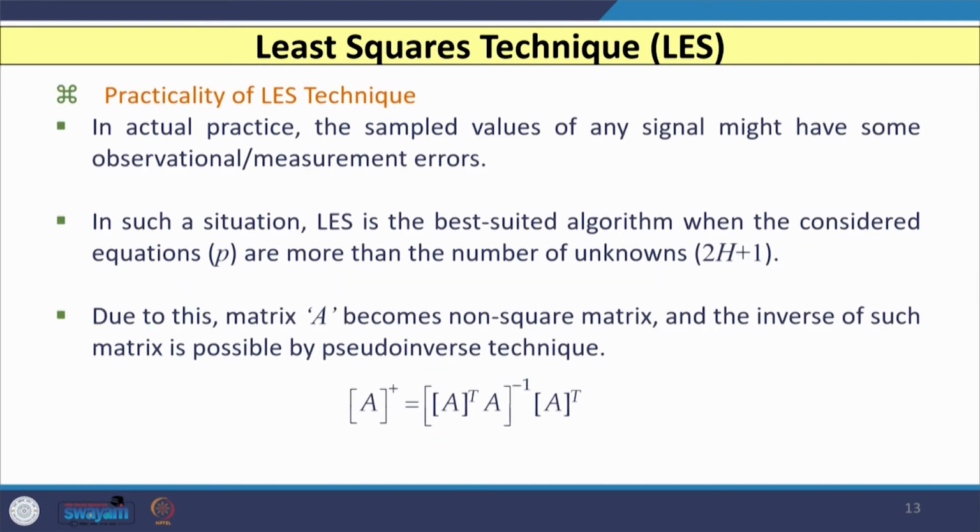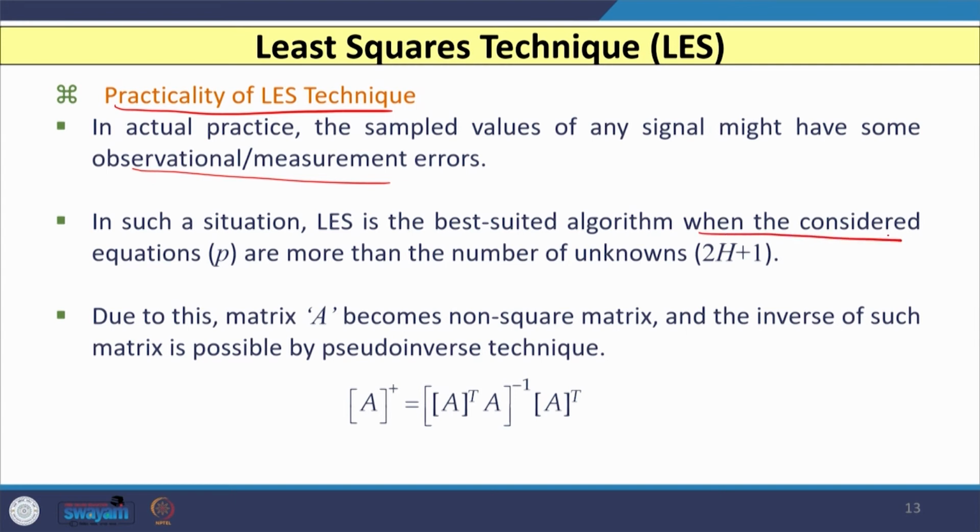Now, let us discuss the practicality of the LES technique. In actual practice, we know that whenever we acquire the samples, the signals may contain some errors like measurement errors or observational errors. In such a situation, if I use the LES algorithm for estimation of phasors, then this is the best technique. How?